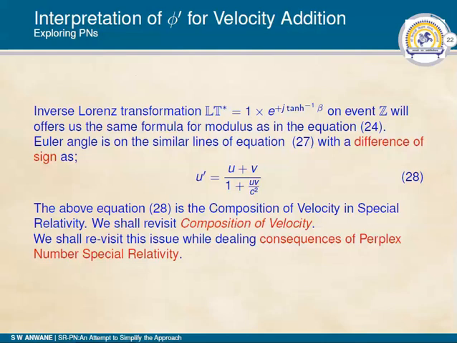We shall revisit this issue of composition of velocity under the title Consequences of Perplex Number on Special Relativity separately, and we shall address the same equation in another way.